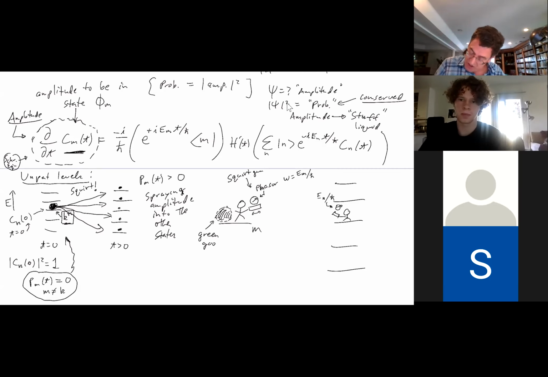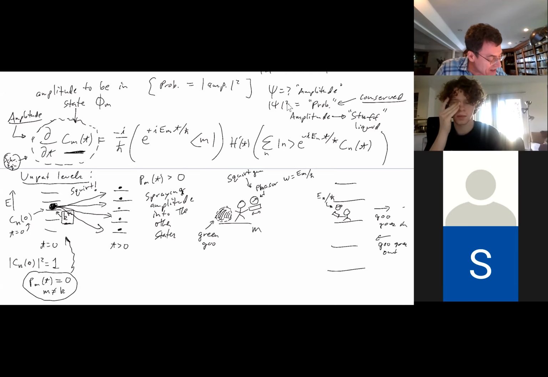If the phaser is pointing to the right, the goo goes in, but if it's pointing to the left, the goo goes out. Just stay with me. I know this is really weird and confusing, but just stay with me.